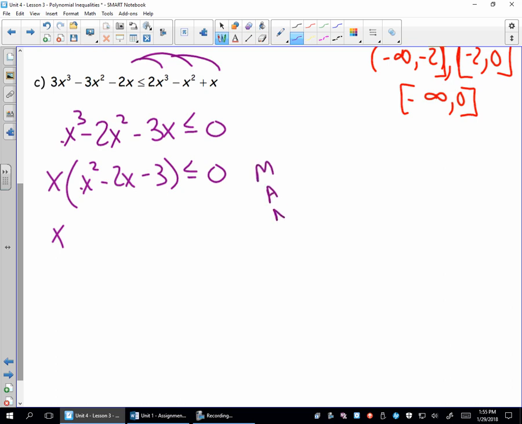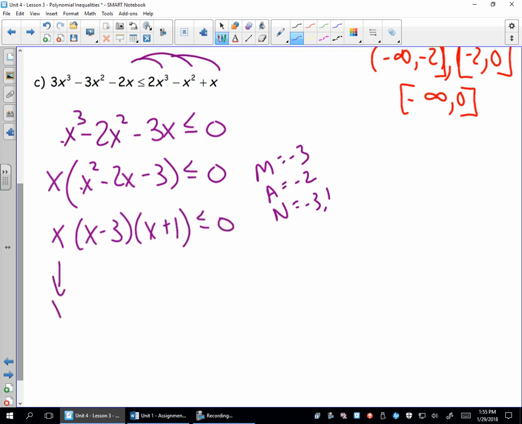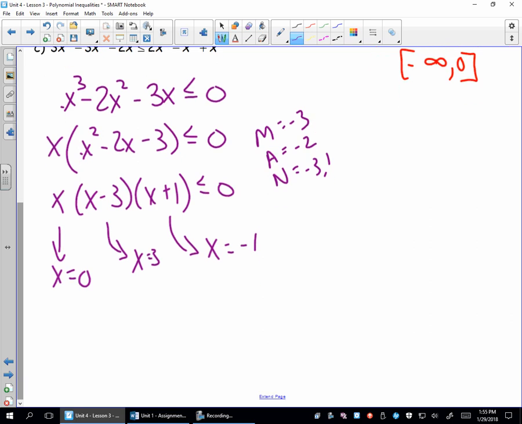Can apply man. Negative 3, negative 2, and negative 3 and 1. So I get x minus 3, x plus 1. There we go. Okay, what are our zeros? 0, 3, and negative 1.